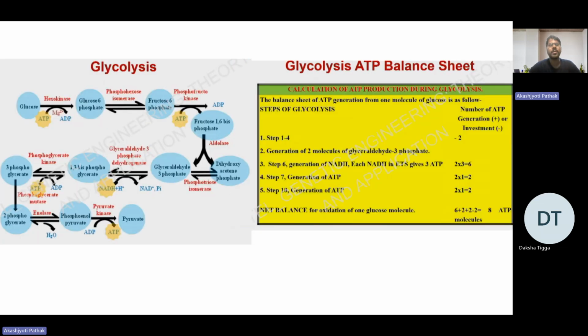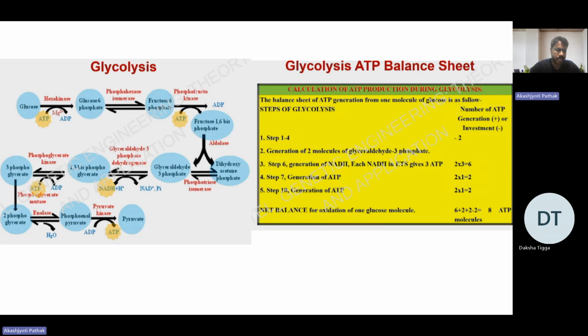Okay, so now coming to glycolysis. Glycolysis is a 10-step metabolic pathway. Out of these 10 steps, there are a few steps you need to remember: the steps where ATP is getting utilized or formed, or where reducing equivalents like NADH are getting formed or NADH is getting converted to NAD plus.